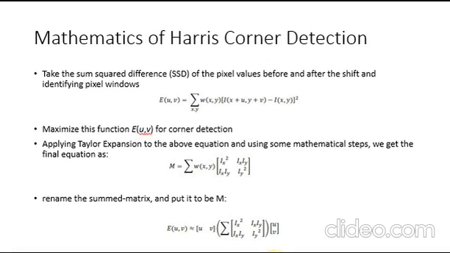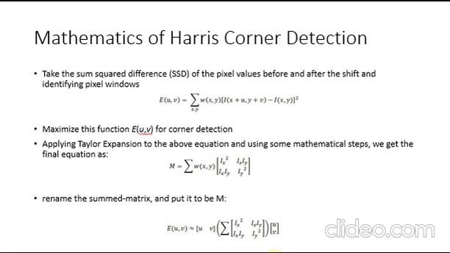Let us define the change function. E(u,v) is the sum of all the squared differences, where u, v are the xy coordinates of every pixel in our 3x3 window and I is the intensity value of the pixel. The features in the image are all pixels that have a large value of E(u,v), defined by some threshold.